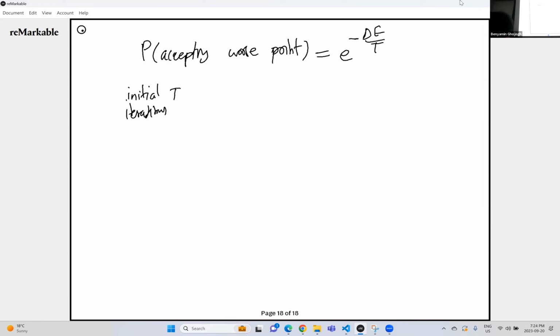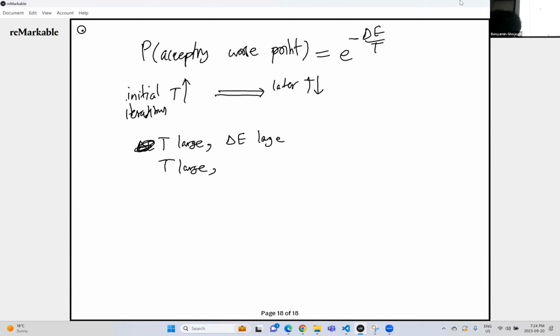T is large. And later, T goes down. So we have 4 cases. Delta E large, T large; delta E small, T large.